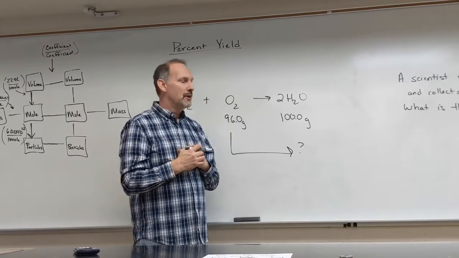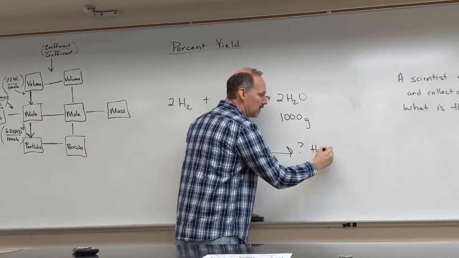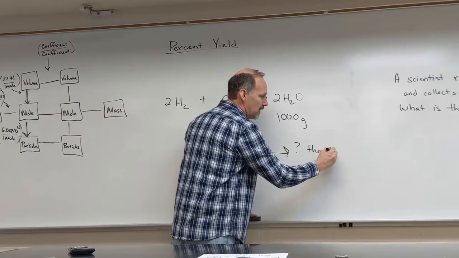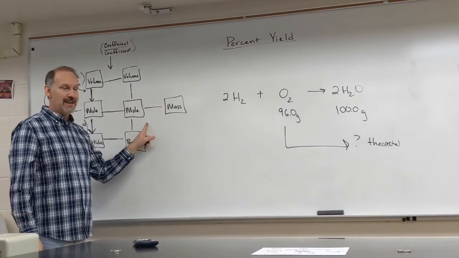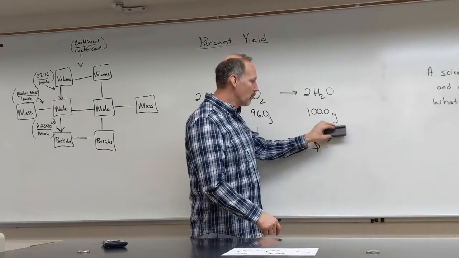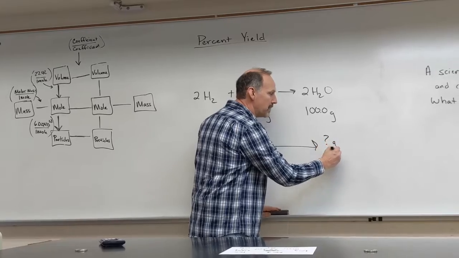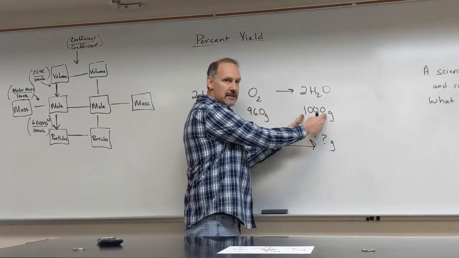First thing you got to do is find a theoretical yield. And a theoretical yield is an answer that comes from a flow chart. Okay? And so in this theoretical yield, we're going to figure out how much water could we have made in grams. And so we're going to save this number to the end.